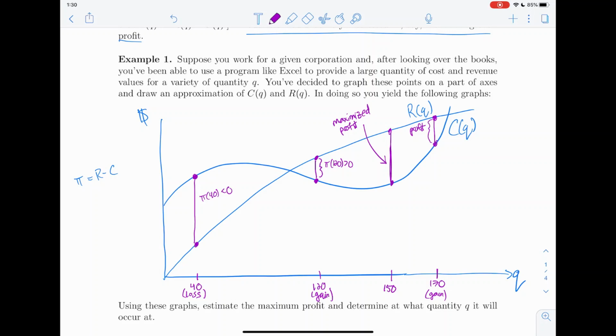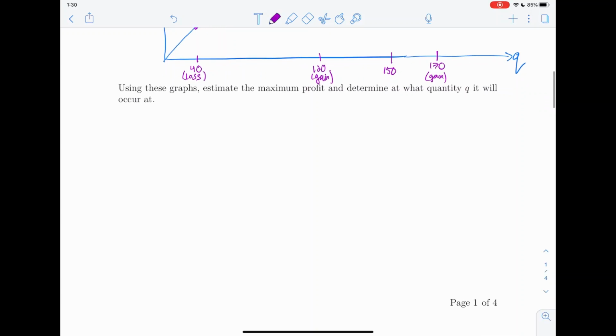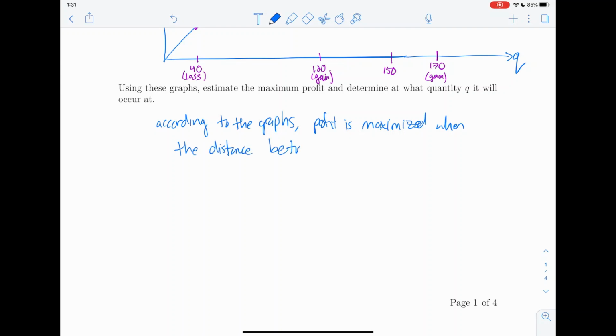So if we wanted to write down exactly what it is we're observing, we might write down the following. We might observe that according to the graph, profit is maximized when the distance between the revenue function and the cost function is maximized.